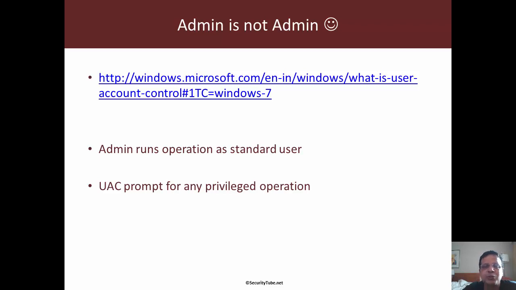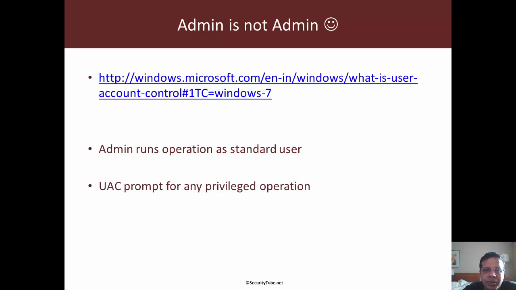Now, if you go through Windows UAC documentation, what you will actually find is that admin is not really admin. What I mean by that is even if the victim is logged in to an admin account, most of the operations done by the victim would be done as a standard user with low privileges.